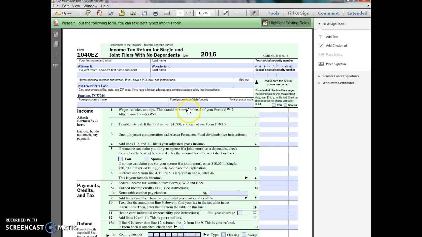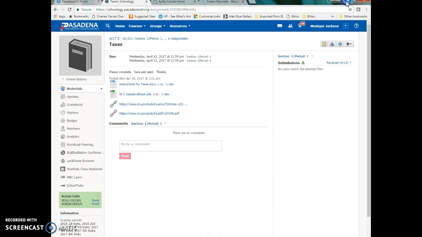Now here is where it tells you box 1. First, we need her wages, salaries, and tips. This long vertical line serves as a decimal point. So dollars go here, cents go there. Dollars go here, cents go there. So we can get her wages, salary, and tips.